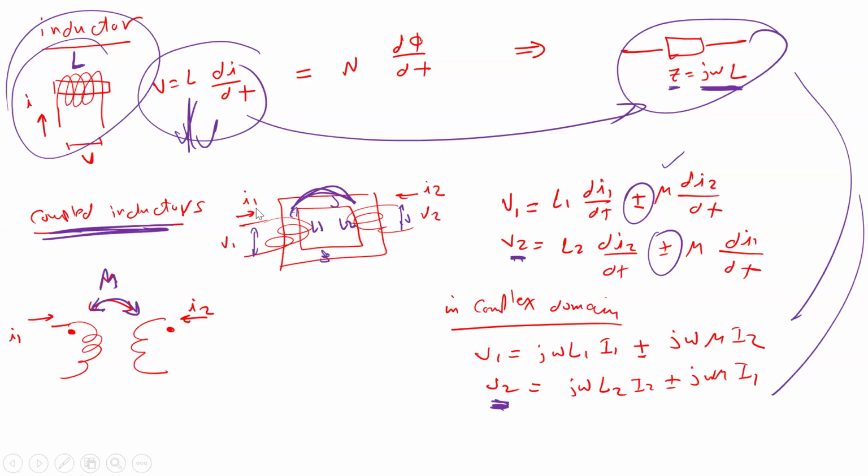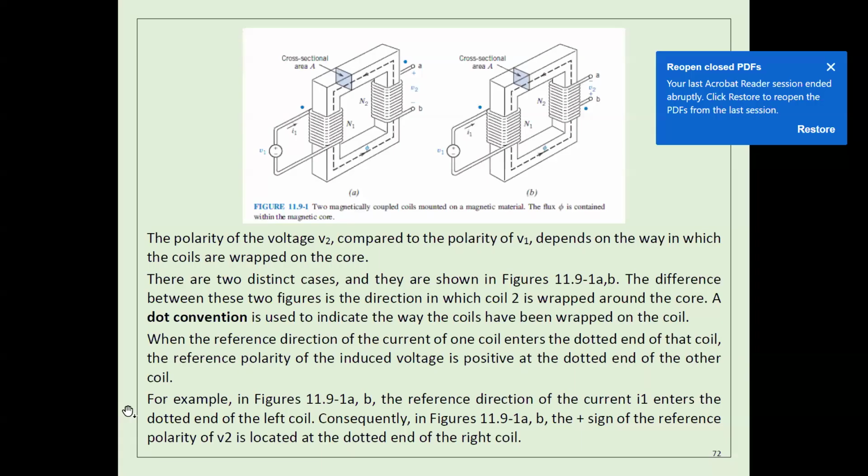So if the current enters the dot in the two cases, or leaves the dot in the two cases, that means they are positive, they should assist each other. But if the current enters in one direction and leaves by the dot in the other, then this should be minus. They are not helping each other. You will see now in the examples.